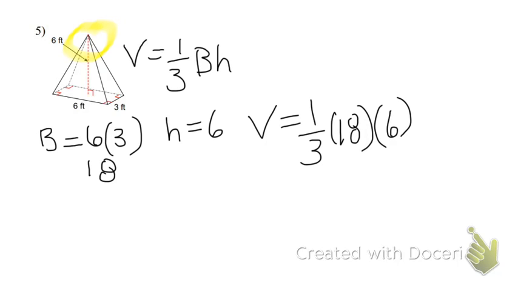You can do 1/3 of 18, you can do 1/3 of 6, or you can multiply 18 times 6 and then divide by 3. It doesn't matter which way you do it. So either way, if I do a 1/3 of 18, or 18 divided by 3, that would be 6, and 6 times 6 is 36. So this is 36 cubic feet.